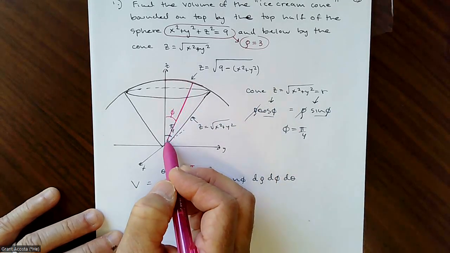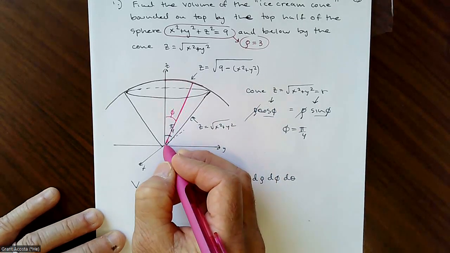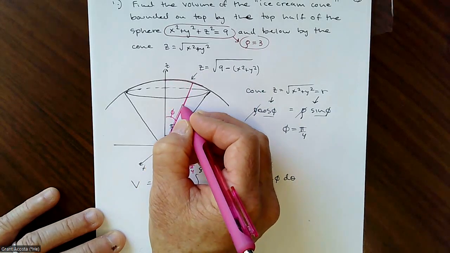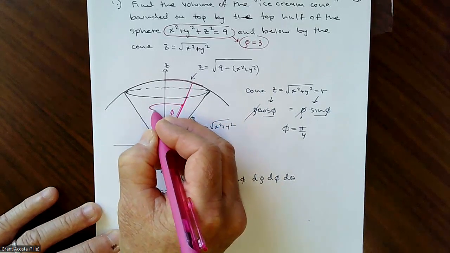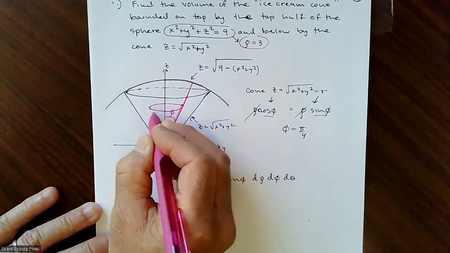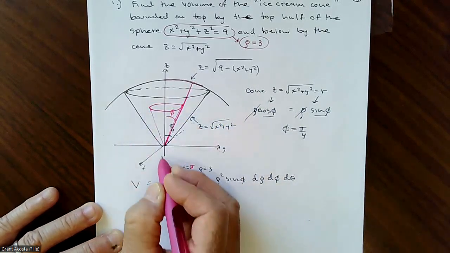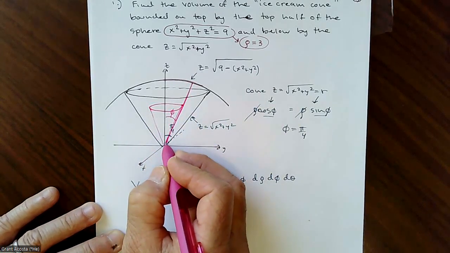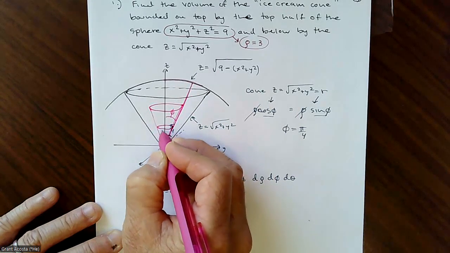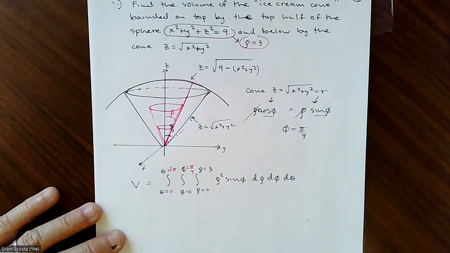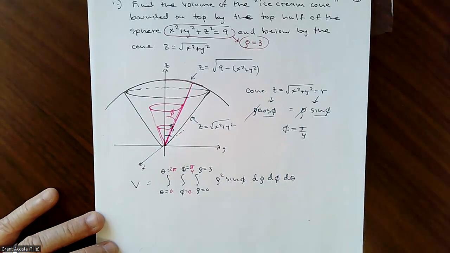Imagine if you move out a certain rho distance at a certain angle phi, as long as theta is spinning around the whole thing, you're getting every single point at that angle and at that distance. So for any given rho, you're getting a bunch of different cones, and if you do that throughout the whole region, you're getting the whole volume of the entire solid.